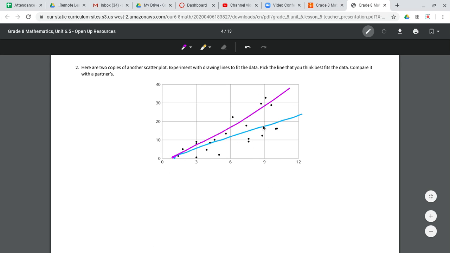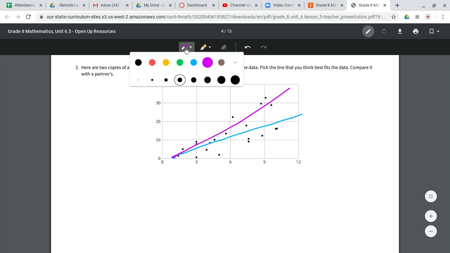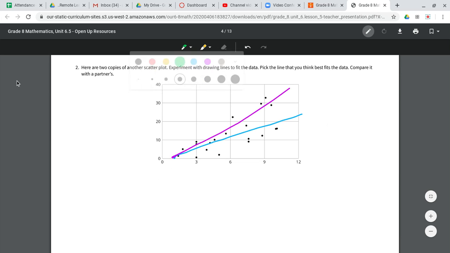But either one of these lines, the key thing, it needs to be a positive slope. So it needs to be going up and to the right. So once again, like that green one I showed you, if we did it the opposite direction, if we did a line like that, that's not a very good trend line. It's nowhere close to our data. It's not following it at all. So the scatter plot is going up and to the right.